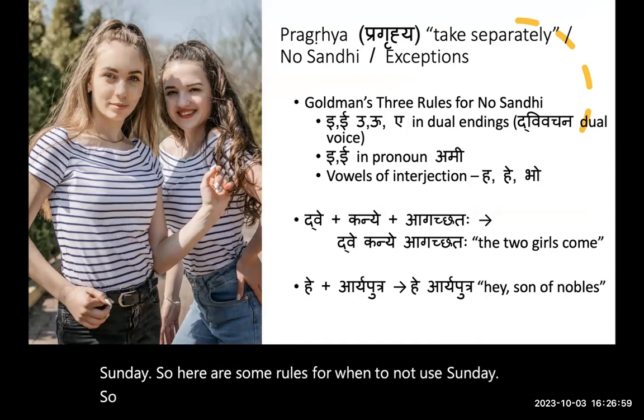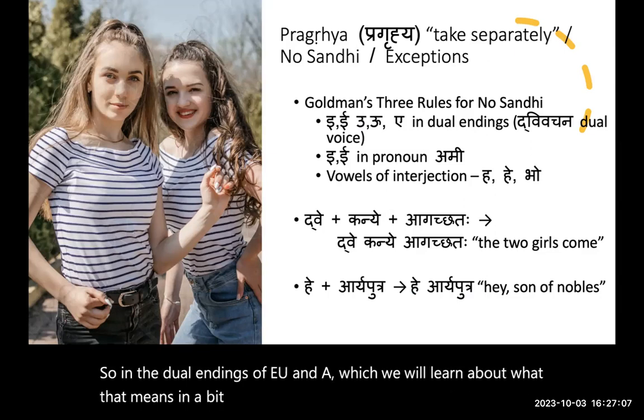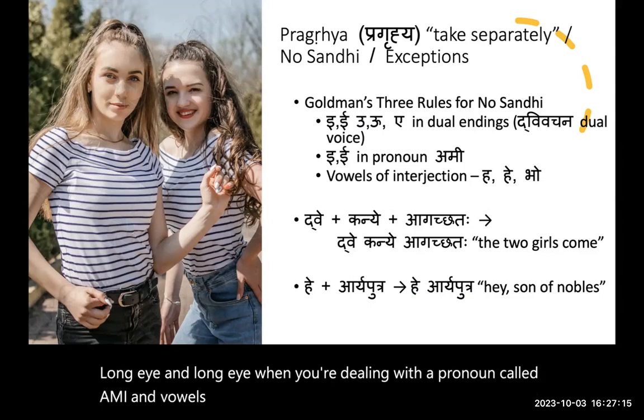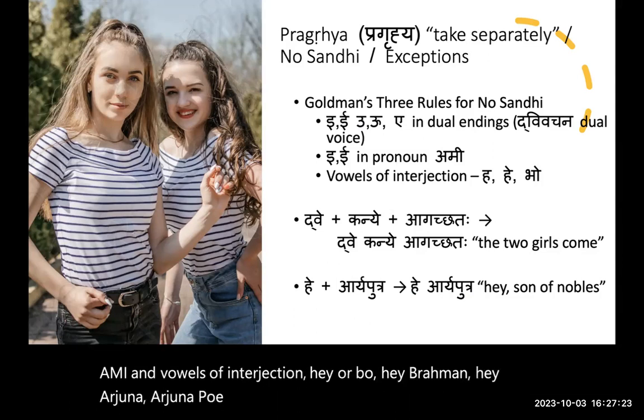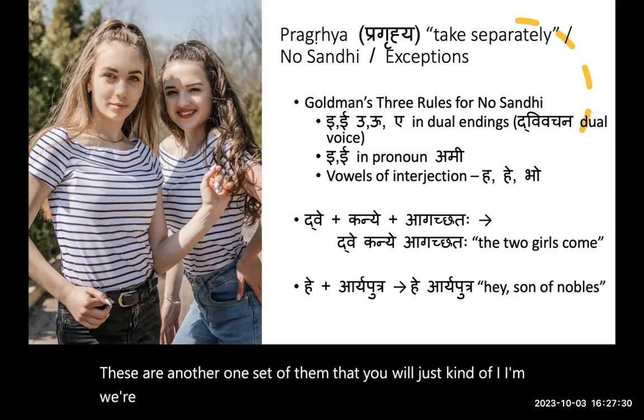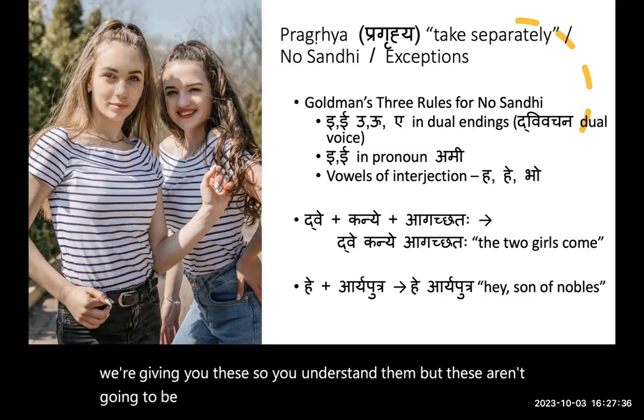In the dual endings of E, U, and A, which we will learn about what that means in a bit, long I and long I when you're dealing with a pronoun called ami, and vowels of interjection, ha, hey, or bo. Hey, Brahman. Hey, Arjuna. Ha, Arjuna. Ho, Krishna. These are another set that we're giving you so you understand them, but these aren't going to be a huge problem for you as you go along.